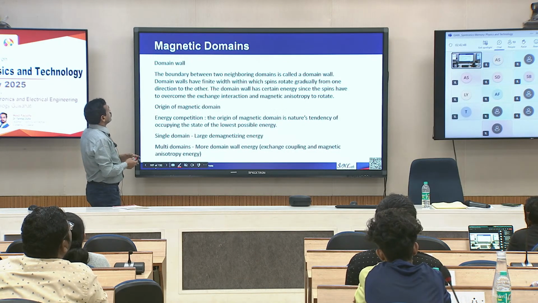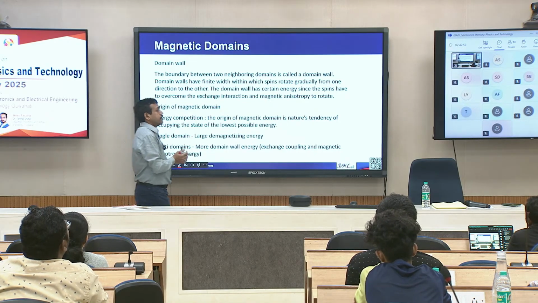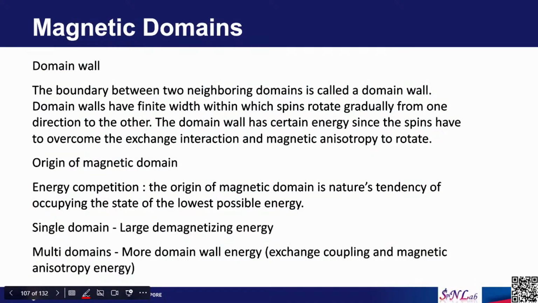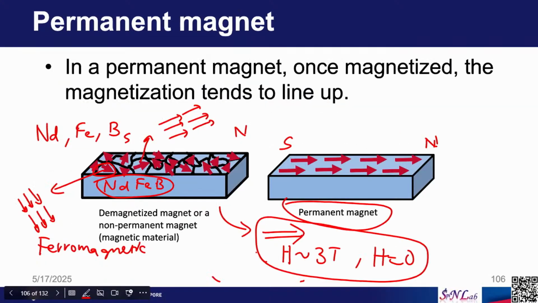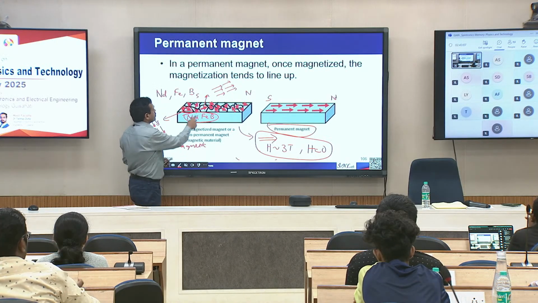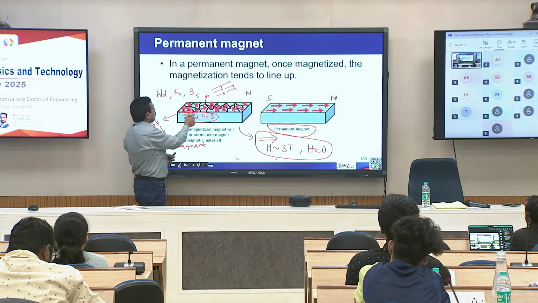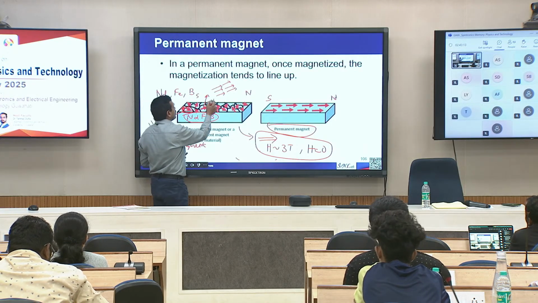Domains are the tiny regions in a magnet where, within a domain, the neighboring moments are parallel to each other, but within the bulk of the material the magnetization points in different directions. You can call each of these regions a domain.